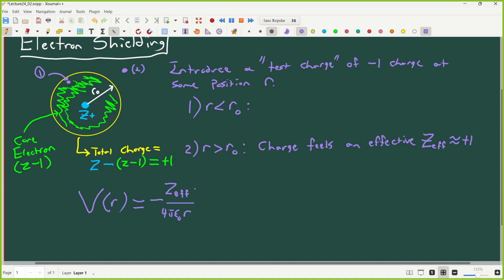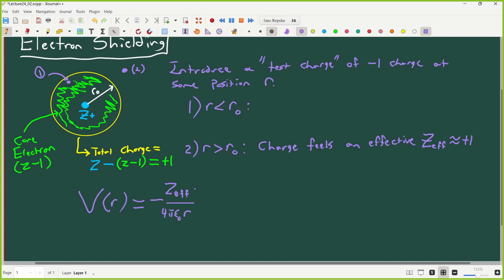The more positive charge the electron feels, the more strongly attracted it is to that nucleus. So what does that mean? That means that if the electron far away feels an effective charge of 1, then its potential looks very much like hydrogen. It orbits and is attracted to this core exactly like the electron in hydrogen, or very, very close.